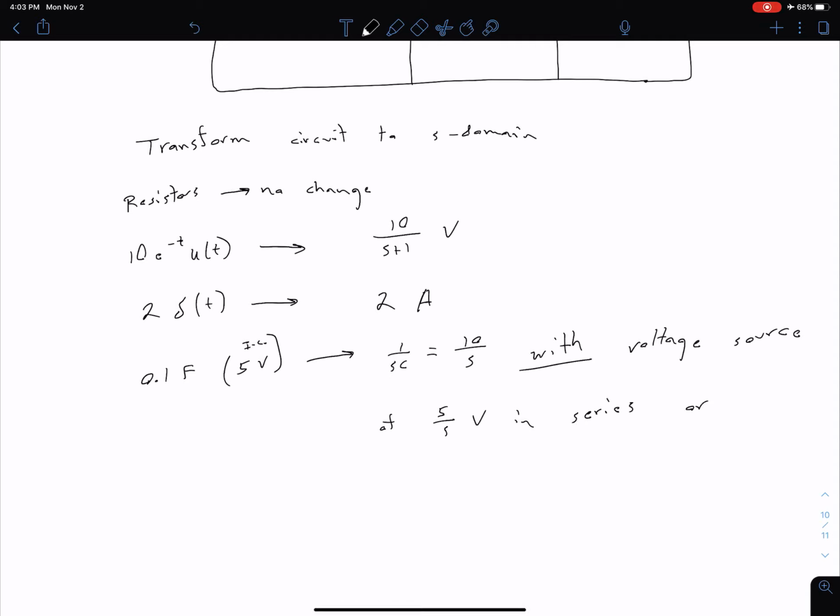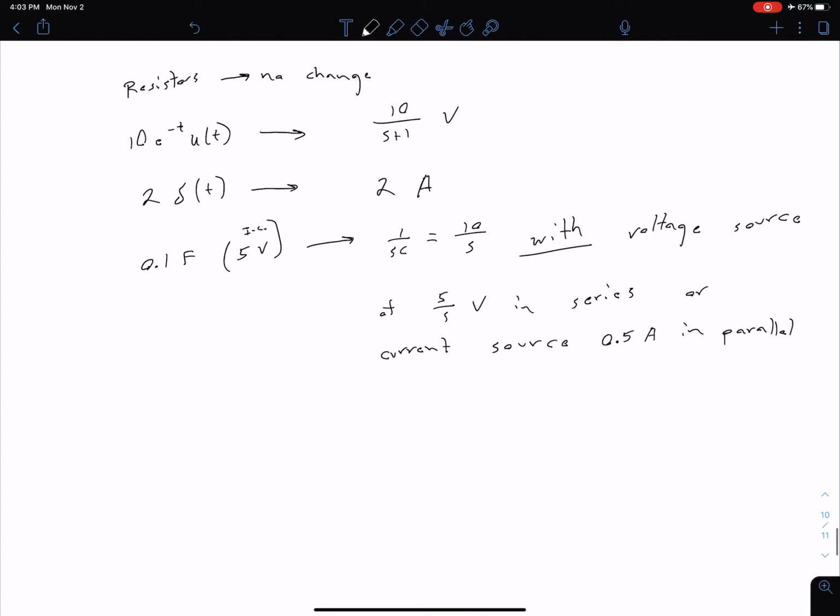Or we could also choose to have a current source in parallel. And so our current source value would be 0.5 amps in parallel. One thing to keep in mind: I've specified that our voltage is in series and our current is in parallel, but we want to be very careful about voltage polarity and current direction.